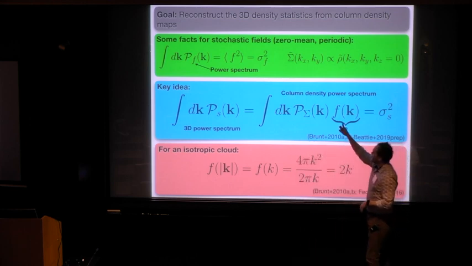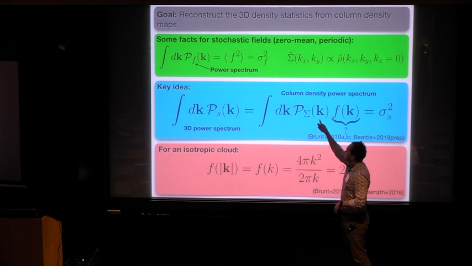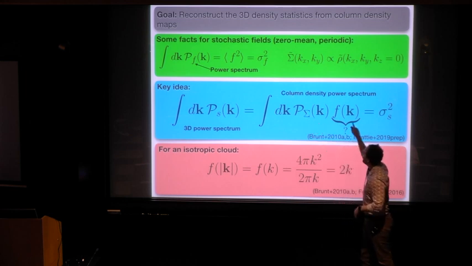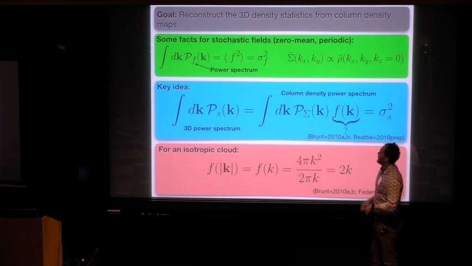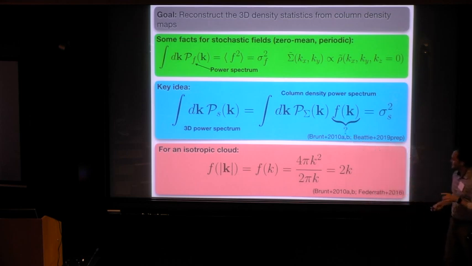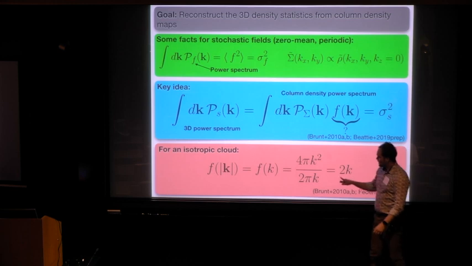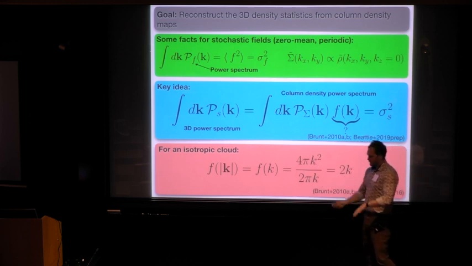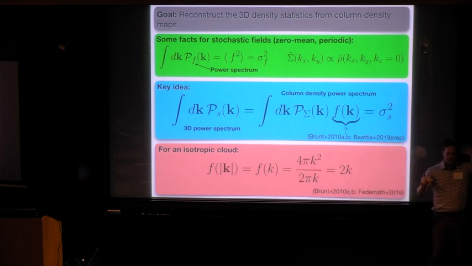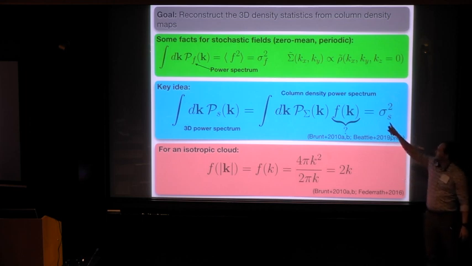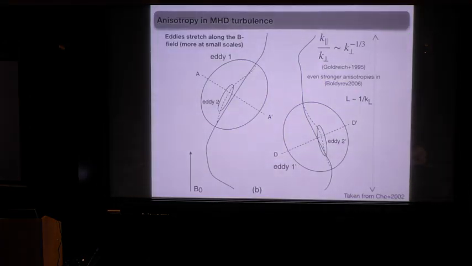And we turn this into a problem of integrating over the column density power spectrum multiplied by some factor. But we don't know what this factor is. Well, we do know what it is for an isotropic cloud. It ends up being really simple: you take the column density power spectrum and you rotate it in 3 dimensions, and then you'll get out the dispersion. So I hope that makes sense.